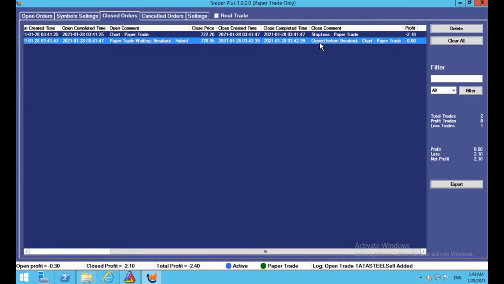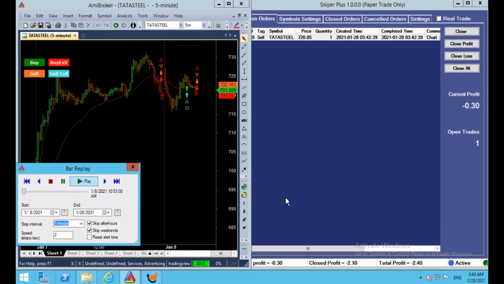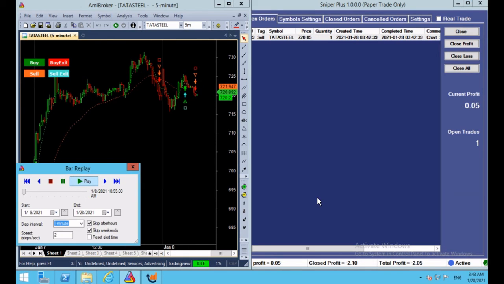You can see it has been closed before the breakout, meaning before entering the call, the order has been closed. There is no profit, there is no loss. Here we can see the first one is -2. Here it is 0. So there is no profit, no loss. Okay, now let us play again.